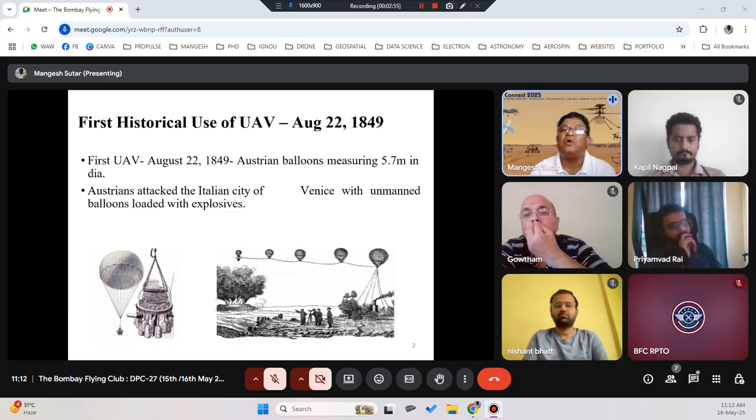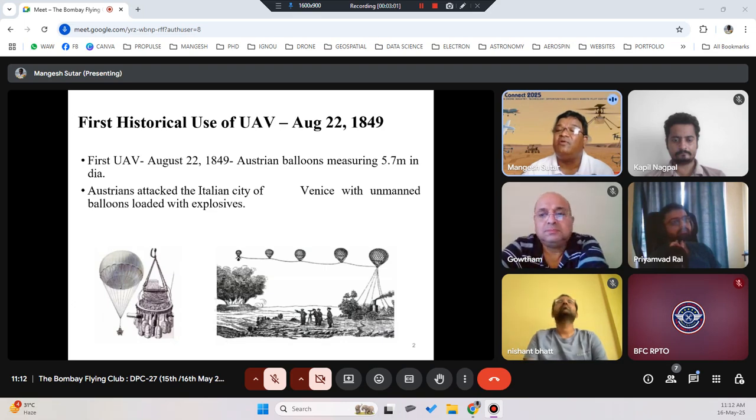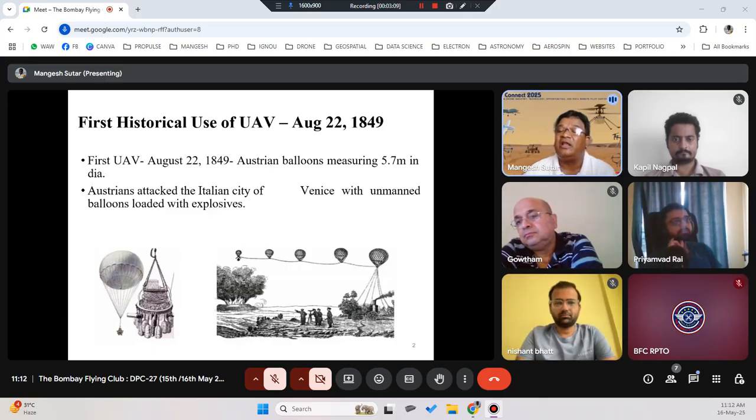Like they wanted to attack the Italian city of Venice. This was again attempted by Japan in World War II. They flew a lot of such balloons and were trying to attack the west coast of America, like California, Las Vegas, and everything. They were not successful either, because since the balloons were flying over the Pacific Ocean, a lot of the time those balloons never reached the land.